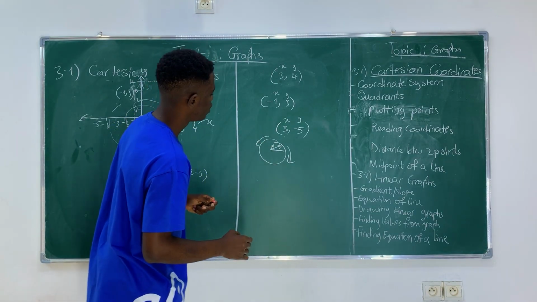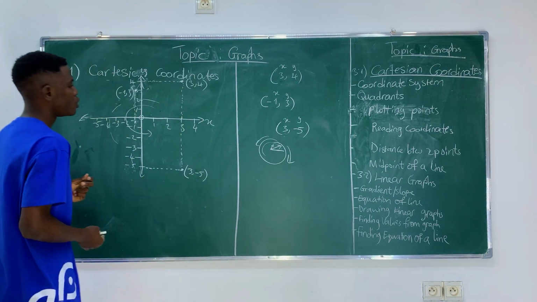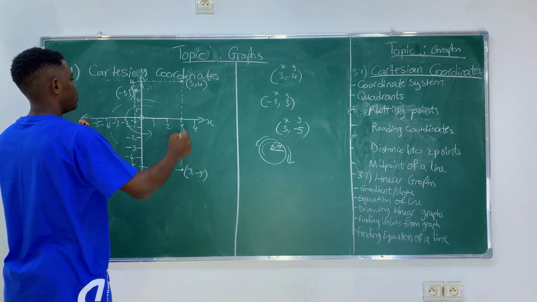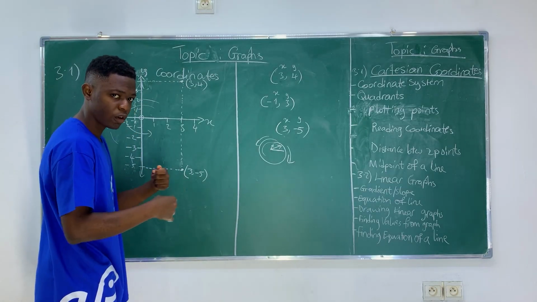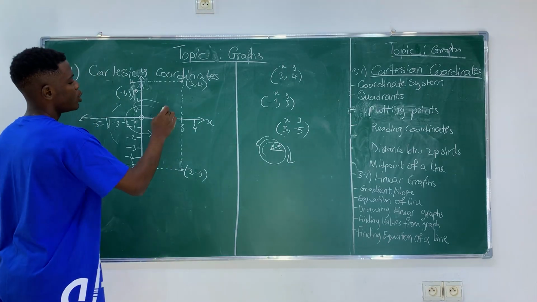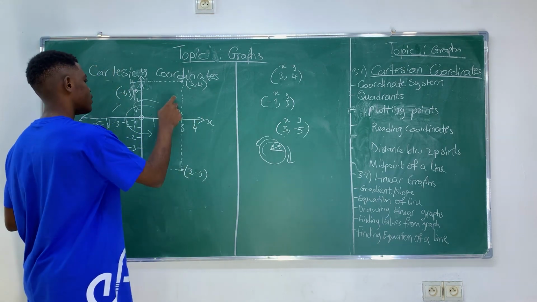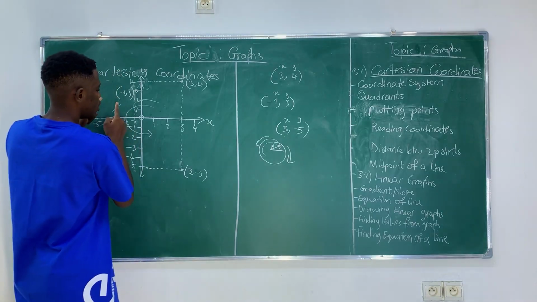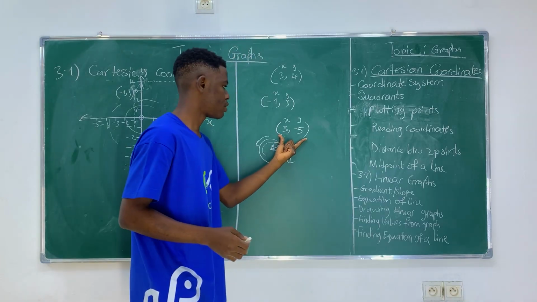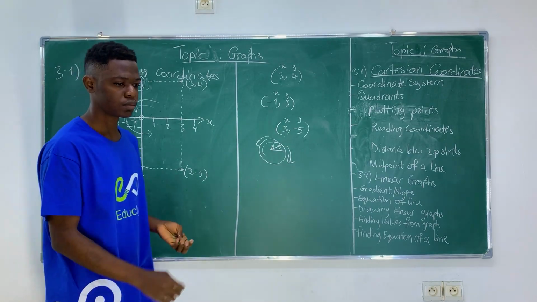So you follow the anti-clockwise direction, the reverse of the movement of the hand in the clock. The first quadrant is this because it is plus, plus. Second will be this, third will be this, fourth will be this. So in which quadrant is this? (3, -5) is in the fourth quadrant.